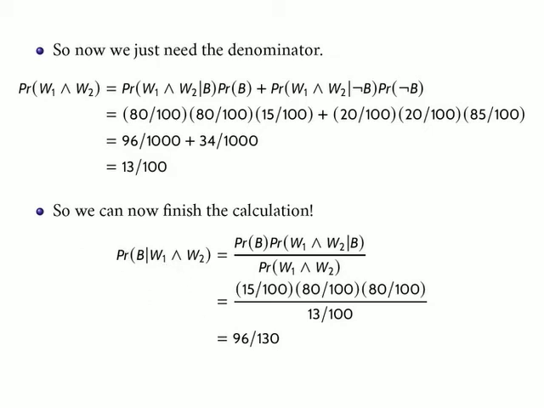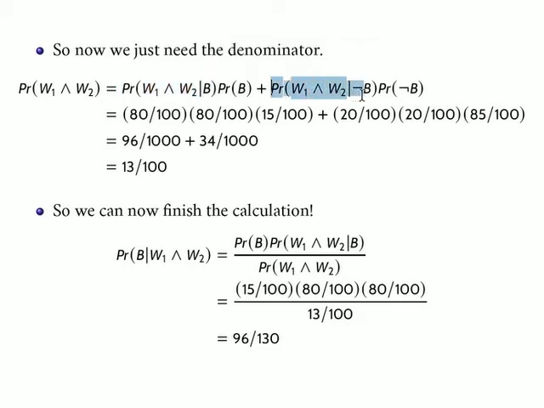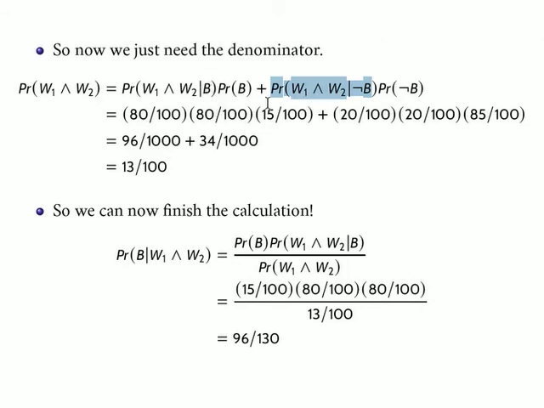But what I want you to note as we move forward is that in solving this question, we made a crucial assumption in order to simplify the conditional probability of the witnesses saying it was blue, given that it was in fact blue, or given that it was in fact not blue.